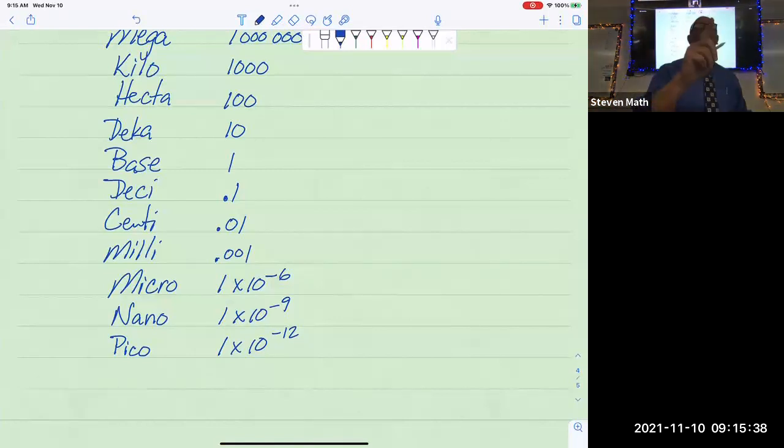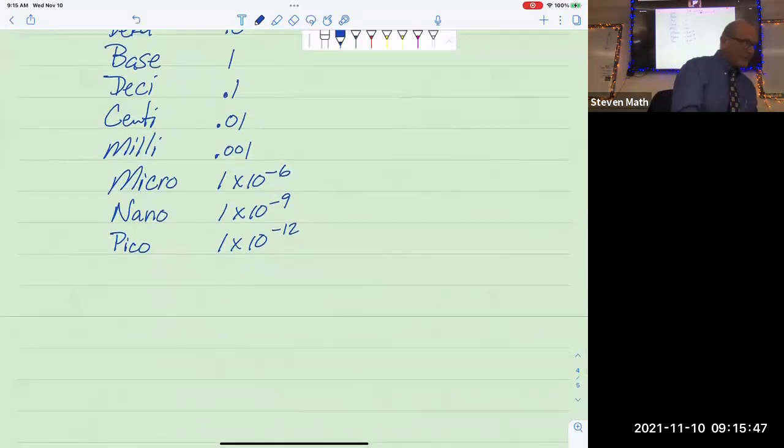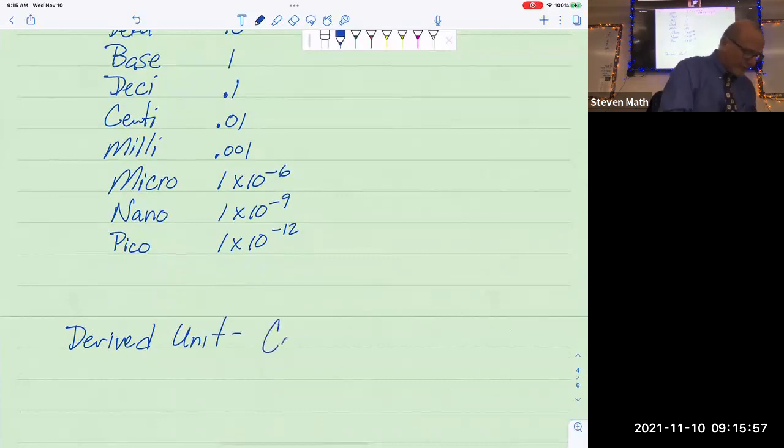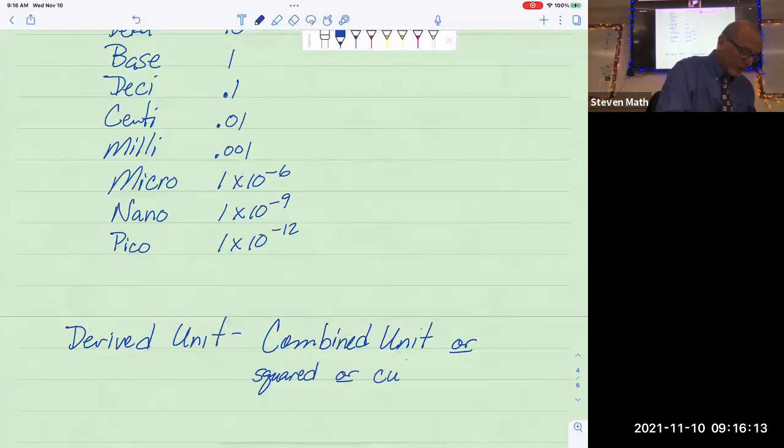Shay said, what about liters? Liters aren't a base unit. Liters are considered a derived unit. A derived unit can either be a combined unit, or it can be a unit that is squared for area or cubed for volume.